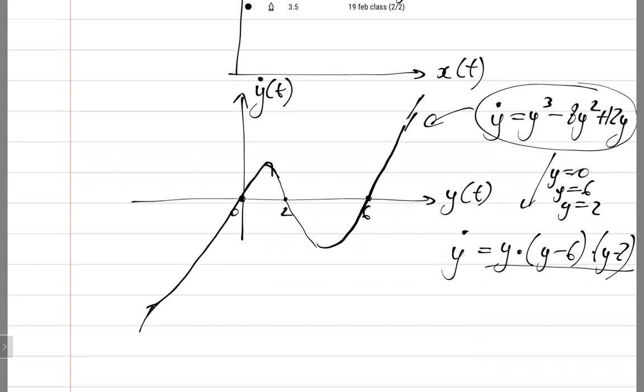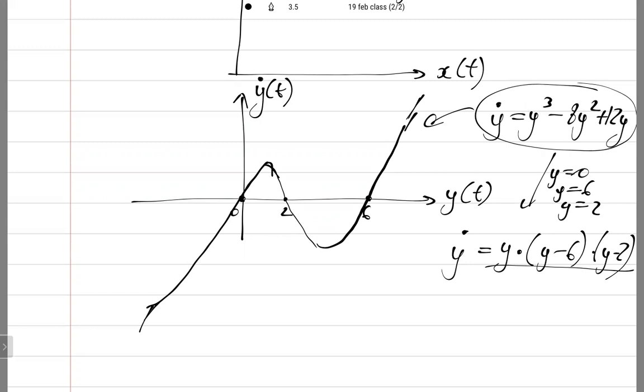I see the points where my graph crosses the horizontal or vertical line. So it's not an exact graph, but it's a sketch. As a sketch, it's okay.